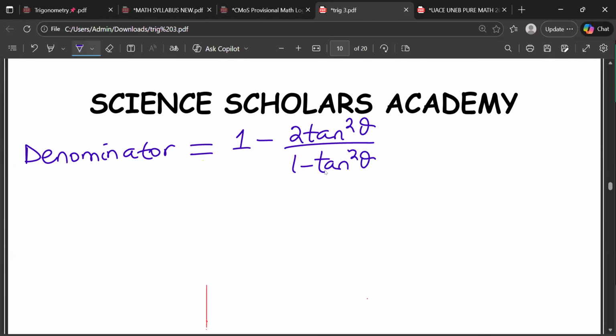This one is over 1, so the denominator is 1 minus tan squared theta. Then this one over 1 times 1 is that very thing.